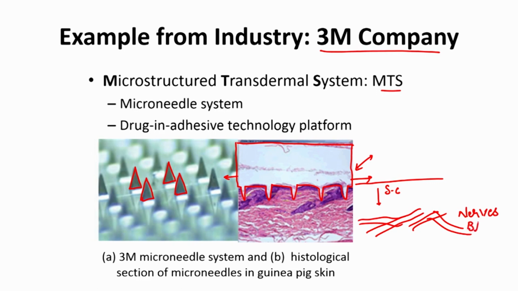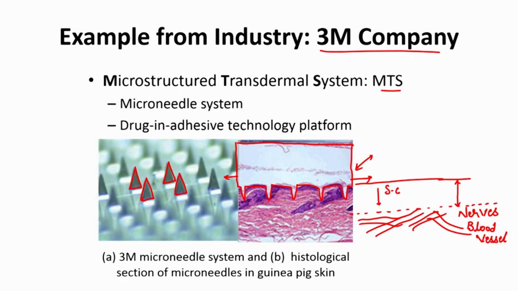So, what is being utilized is this gap that is present from the top of your skin to the nerves and the blood vessel layer. Unless my needle actually touches the nerve, I will not feel the pain, because nerves are the one who tell our brain that there is something touching, that is what gives the sensation of pain. So, there will be no pain unless the nerves get activated.